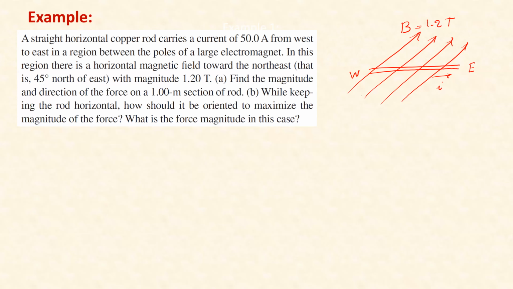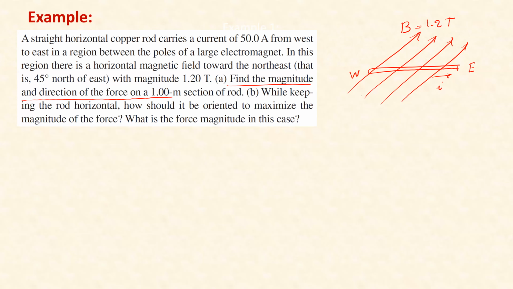All right, so what is the magnitude and direction of the force on a 1 meter section of the rod? Let's say this is 1 meter. So what do you think? You can say the force is in which direction?